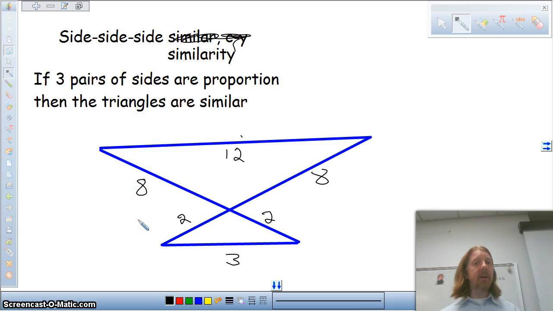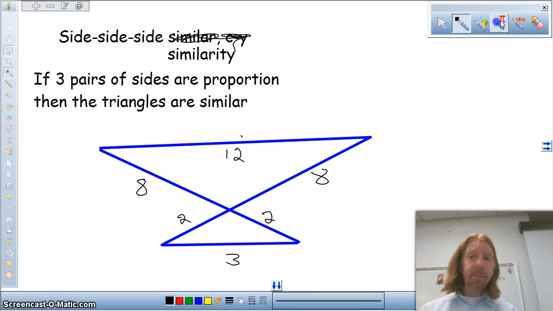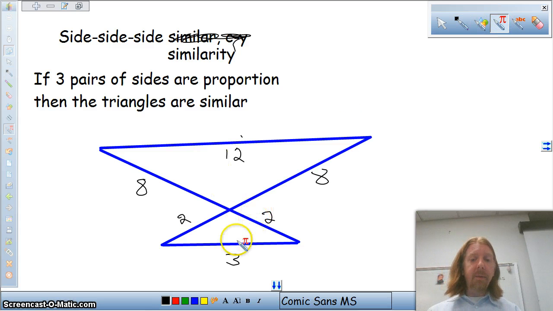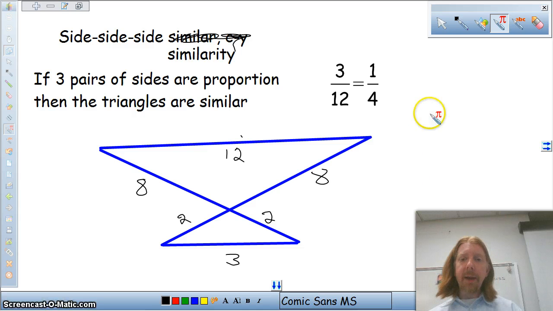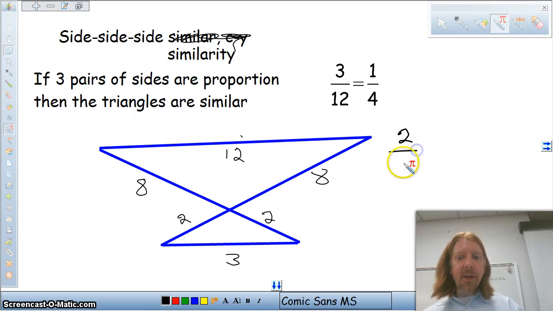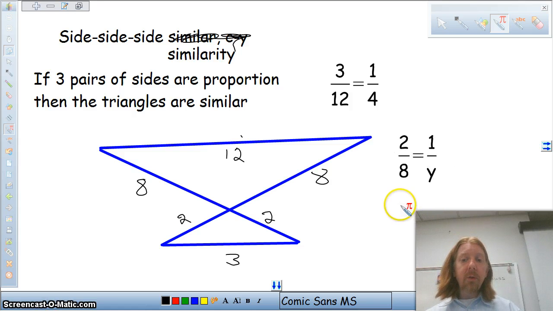Now I can check to see, are they really proportional? Well, let's see. 3 divided by 12 gives me a ratio of 1/4. 2 divided by 8 gives me a ratio of 1/4. 2 divided by 8 still gives me a ratio of 1/4.